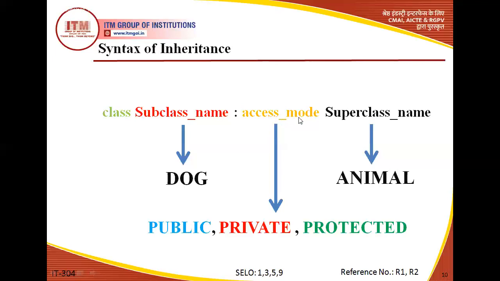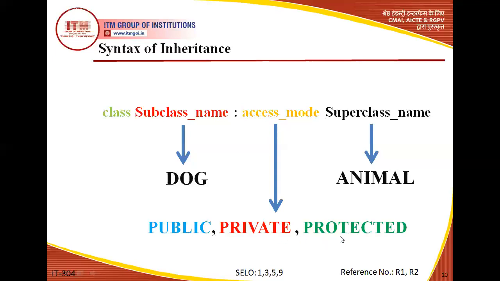After that you write the access mode. This is where the main concept of inheritance starts. So what is this access mode? Access modes basically dictate the whole procedure of how our class is going to be inherited into its derived class. These are of three types: public, private, and protected.